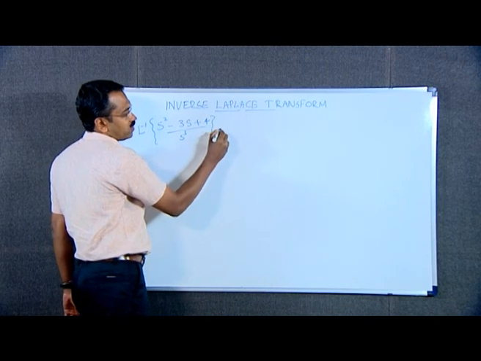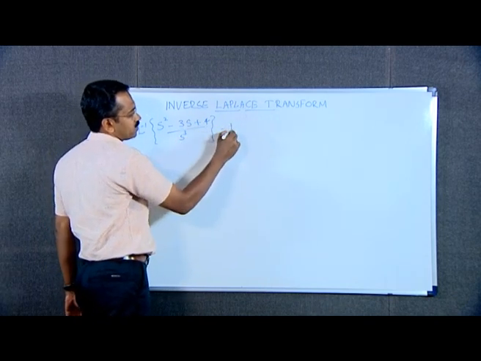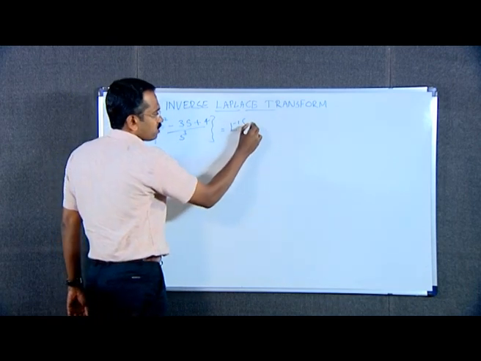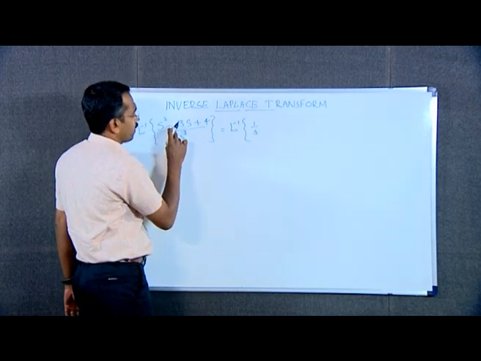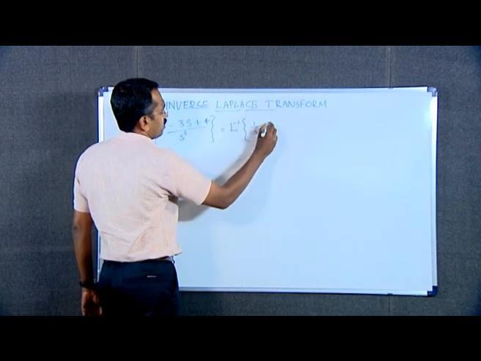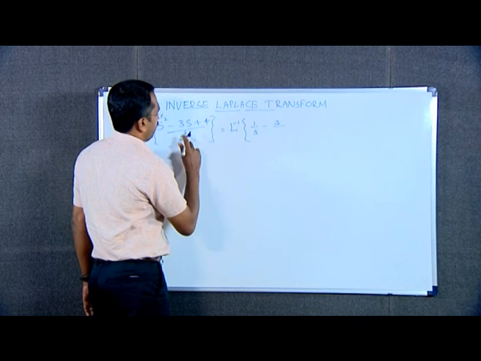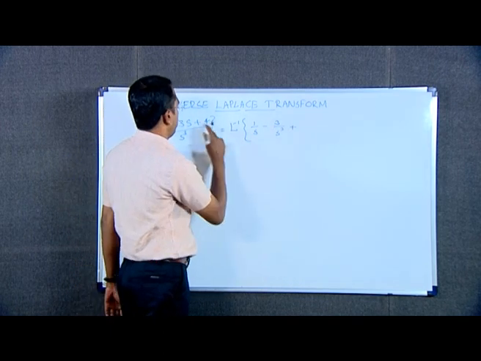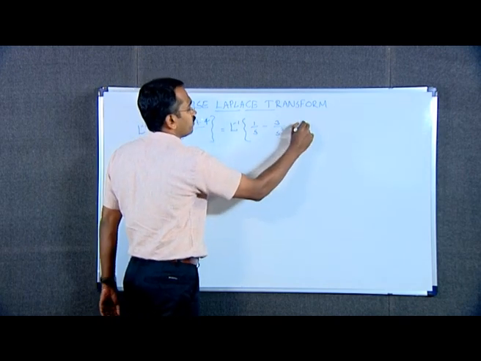We can write this function as s square divided by s cube, which is 1 by s, minus 3 into s divided by s cube, which is minus 3 by s square, plus 4 divided by s cube.